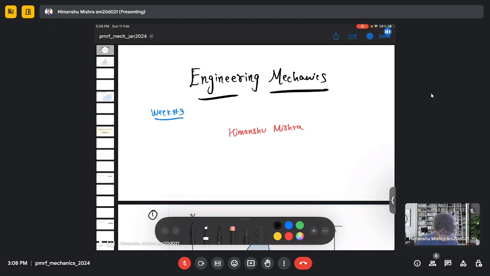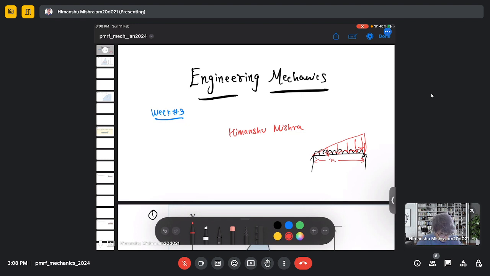For example, let's say I have a simply supported beam and there might be a uniform force acting, or there might be a force which looks like this, which varies with the horizontal distance x. In order to find the resultant of these kinds of forces, first we need to see what a centroid actually is, and we need to know how to calculate the centroid and center of mass.